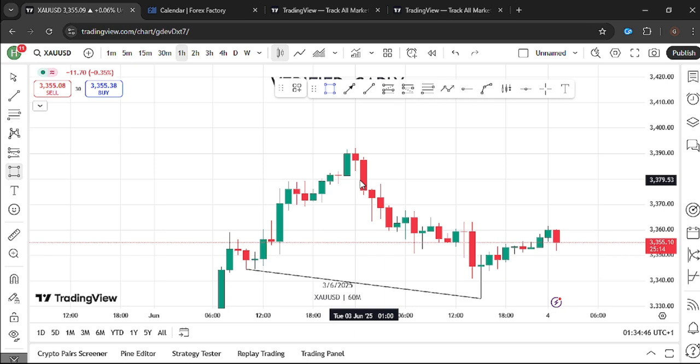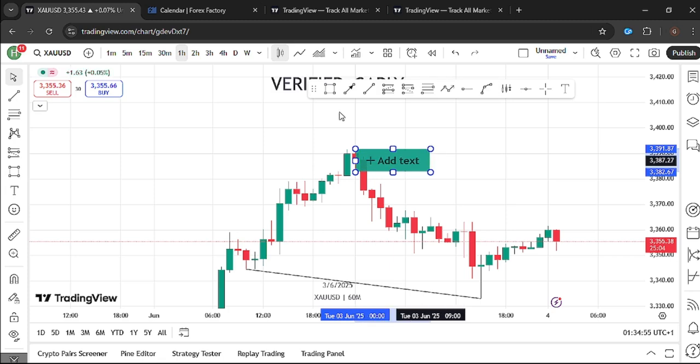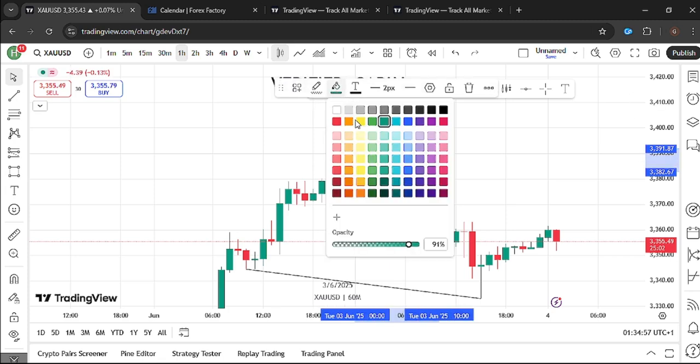We keep it clean and focused. Don't worry, when I started out, I didn't even understand anything. As I said, I was completely lost. So you can use your rectangle to mark out supply, demand, and so on and so forth.